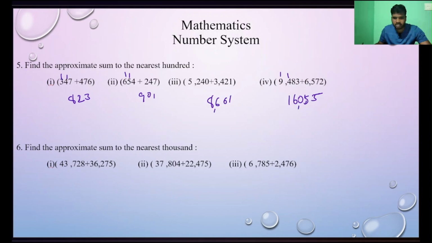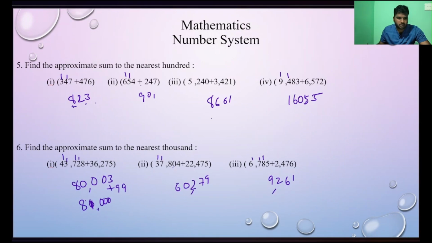Okay, now 16,055. What he is asking: find the approximate sum to the nearest 100, which means we need to check here. So how much does it take to become 900 here, plus 20 means 77. Next here in a similar way, 1000 it becomes, plus 1000 means here how much? 99 here, plus 8,700 means how much?